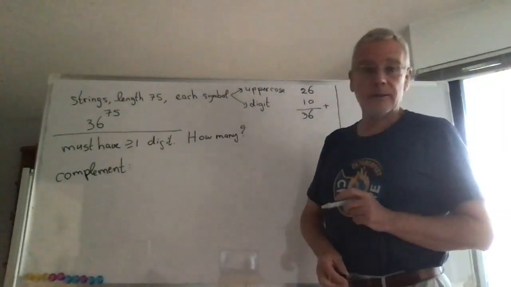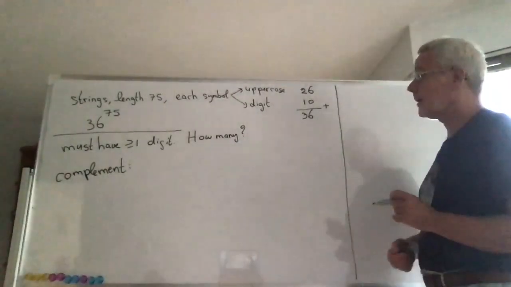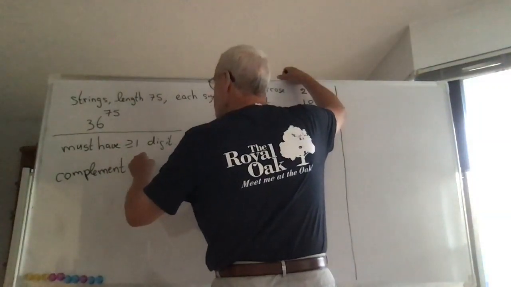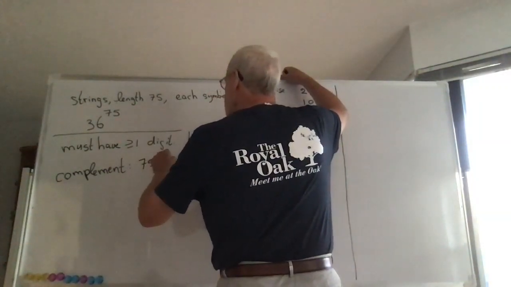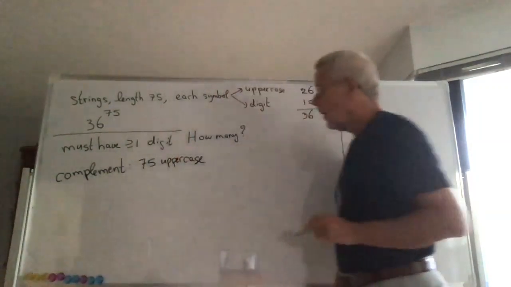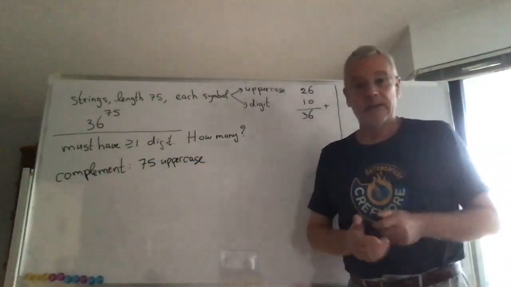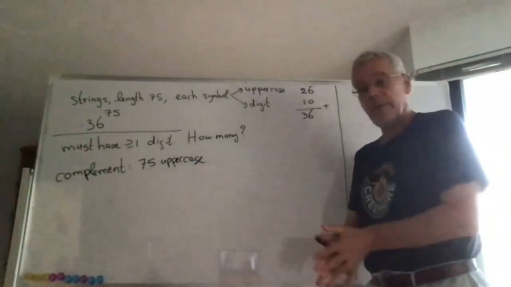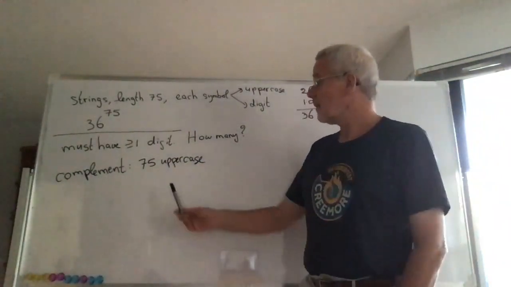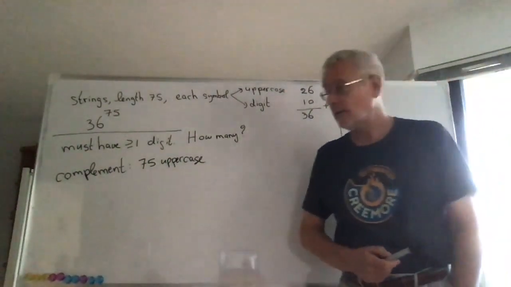That means we are looking at strings that don't have any digit and that only consist of uppercase letters. So these are 75 uppercase letters. And these strings are easy to count because this is a straightforward application of the product rule. We want to write a string of length 75. Every symbol is an uppercase letter.